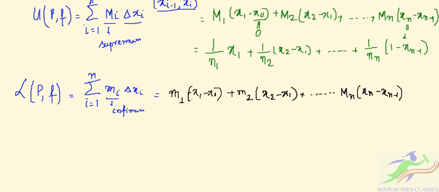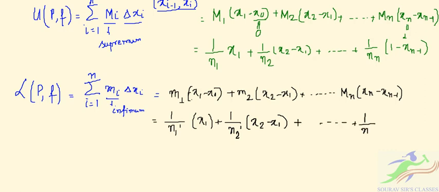If we write it in a similar manner, and we just take this as 1 by n_1 dash (x_1), 1 by n_2 dash, so this is n_2 dash (x_2 minus x_1) plus, and we can write it in this way, 1 by n_n dash (1 minus x_(n-1)).